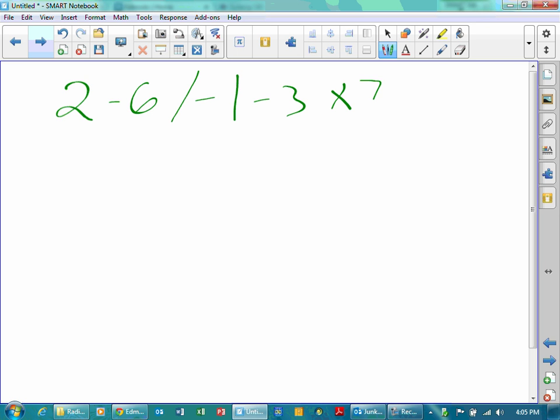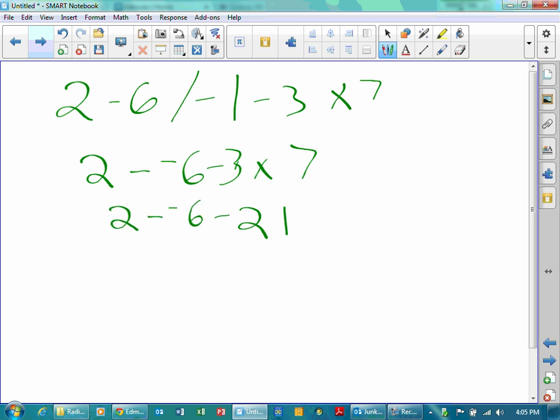This is a problem because when you do this, you're going to say, hey, 6 divided by negative 1, that's negative 6. Then you're going to say 7 times 3 is 21. And you're going to say 2 minus negative 6 minus 21. You're going to say 8 minus 21. And then you're going to say, hey, that's negative 13?